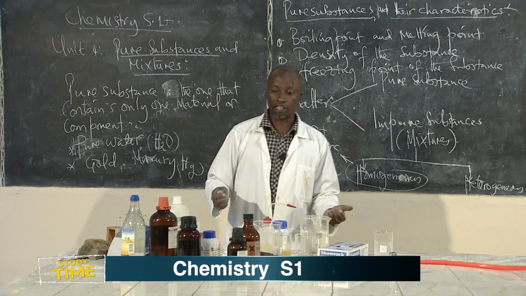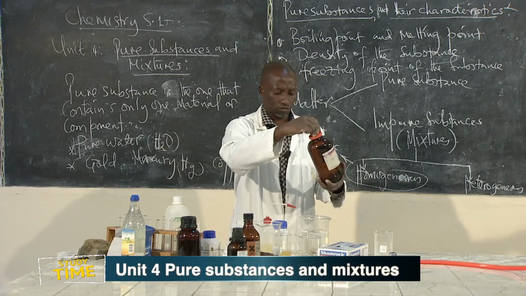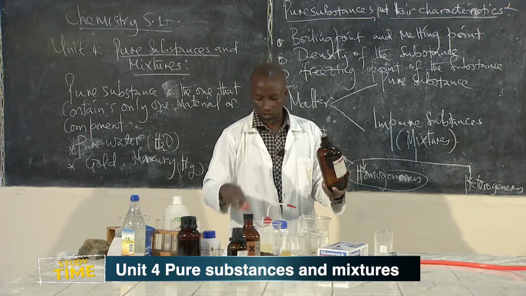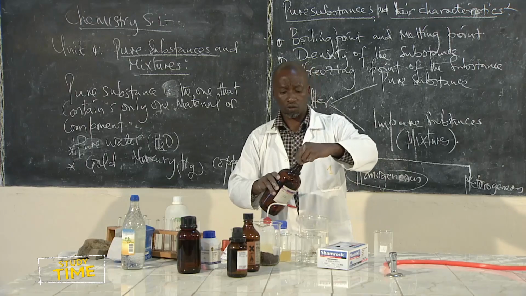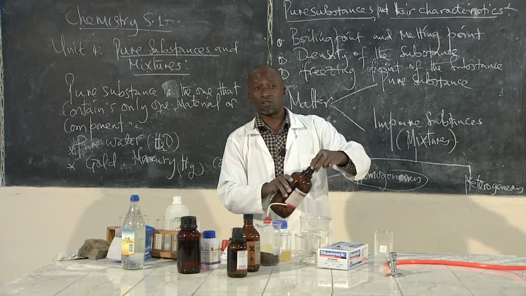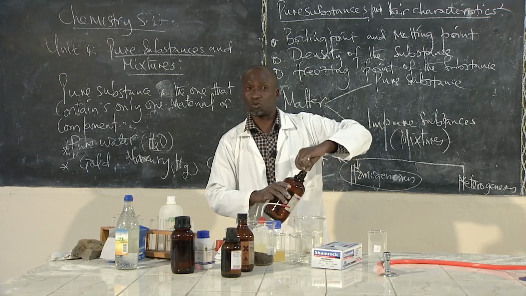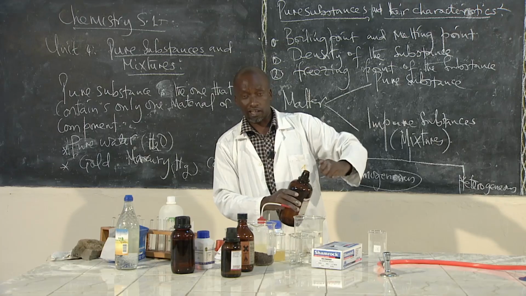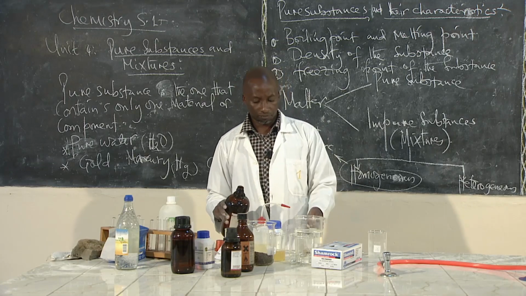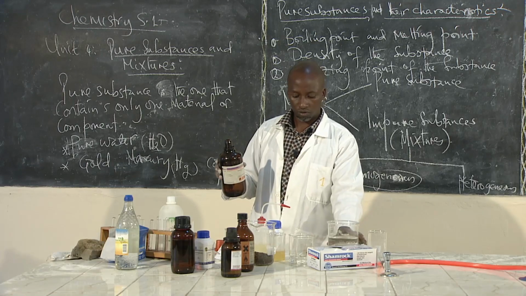But we can have another example where we have an alcohol. This is methanol, one of the most dangerous alcohols. When you drink this, you're not supposed to drink alcohol anyway. As long as you are under age of 18, you are not supposed to take alcohol.